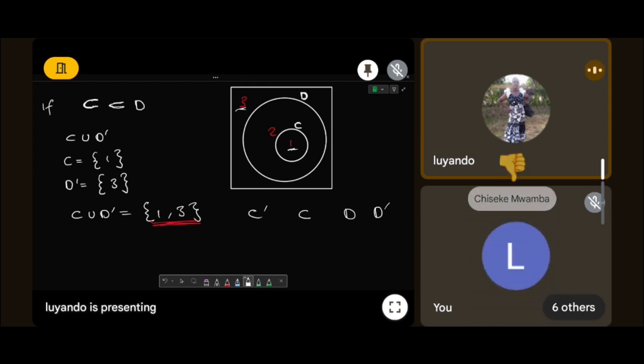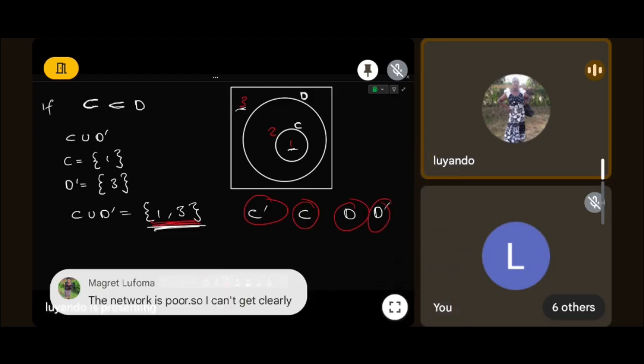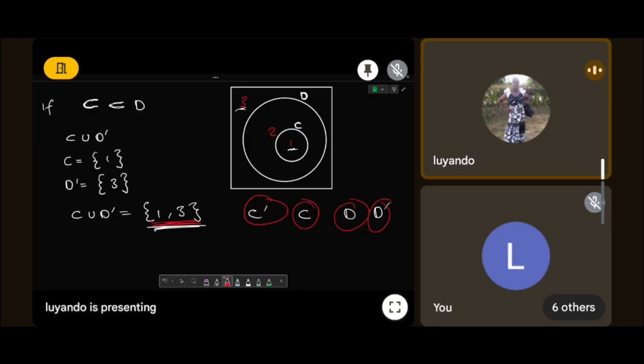What we have here in the brackets, can we associate it with any of these? Okay, so we can't associate it with any of those. So we find that this also can just be left the way it is.